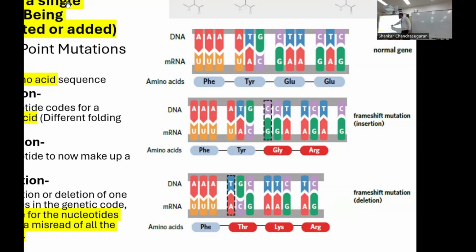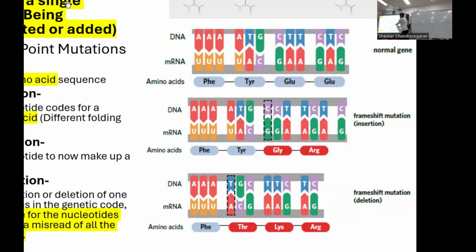So everything you can see here for the first two codons are the same, nothing's changed. And then at the third codon, specifically the first nucleotide in the third codon, you can see that something has been deleted, or no, added. So you see it's only supposed to have one G, but another G has been added as a nucleotide. And what does this do? It literally pushes all the nucleotides further down the line.